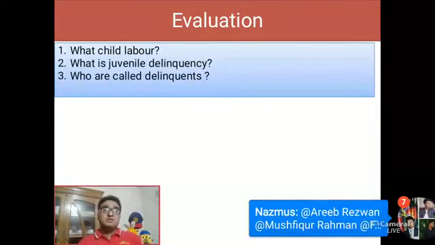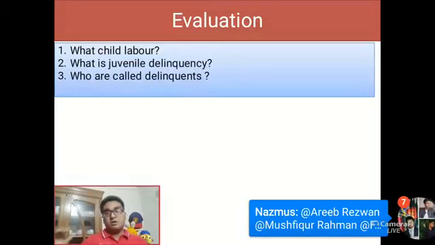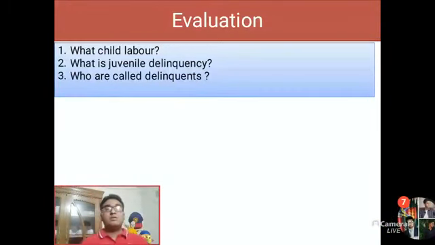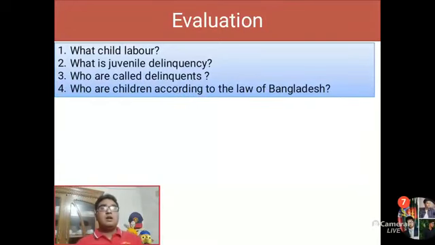And if they break the laws of the society, they will be counted as delinquents. And number four, who are children according to the law of Bangladesh? According to the Bangladesh Children Act 1974, those under 14 will be counted as children of Bangladesh.